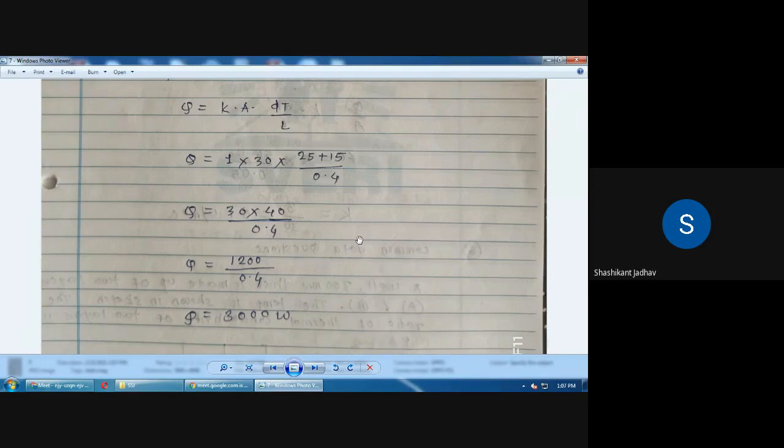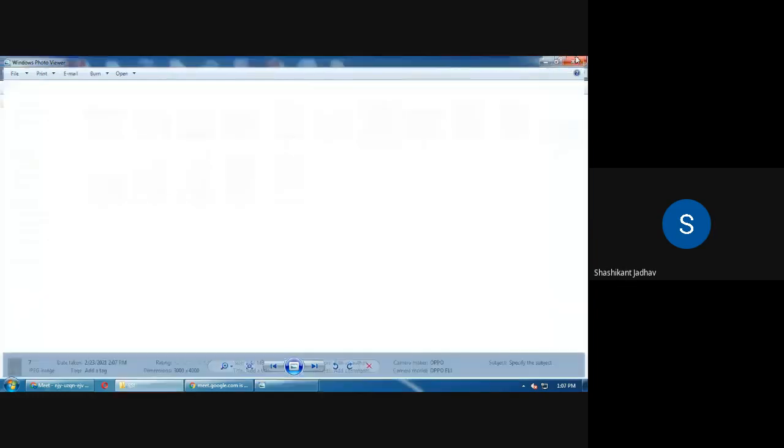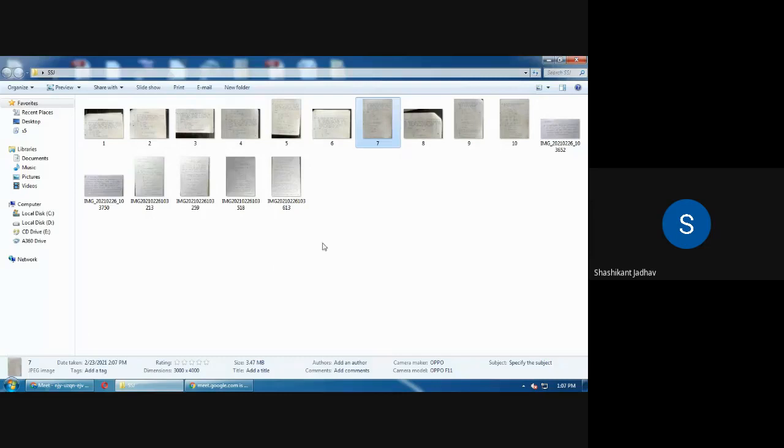Reply to me. Have all of you written this problem? Q is equal to 3000 watt. Okay. So this is the simple problem. Now write down the next concept, law of convection.